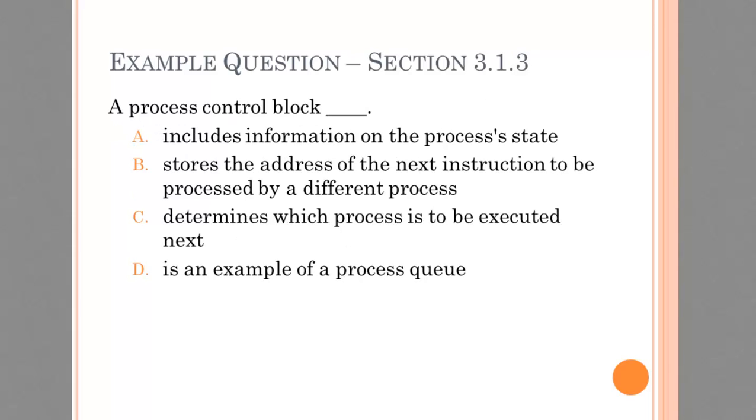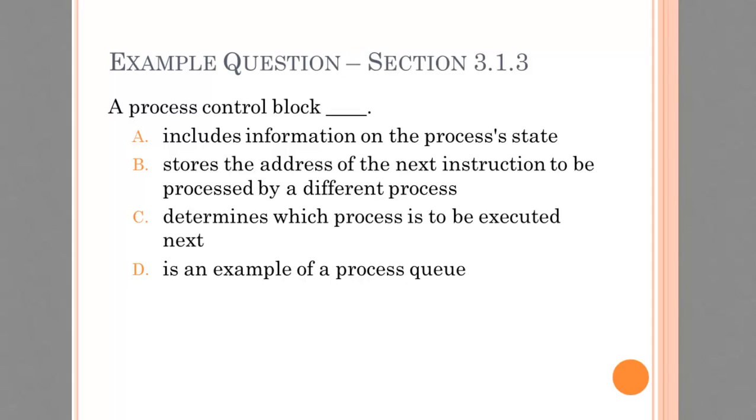Okay, the process control block. Which one? Very good. It's A. That is correct. Other parts store this other information.